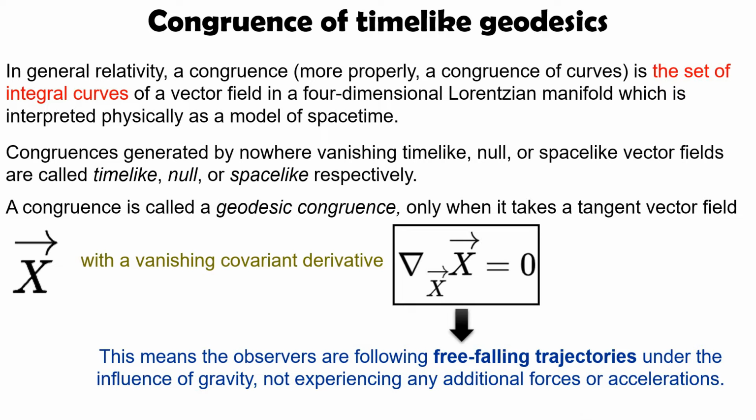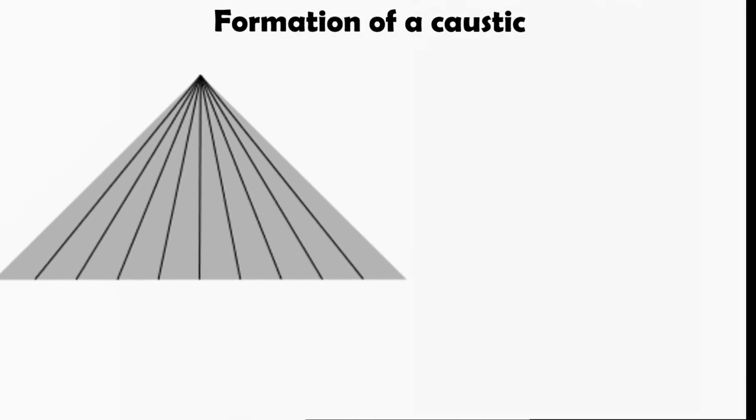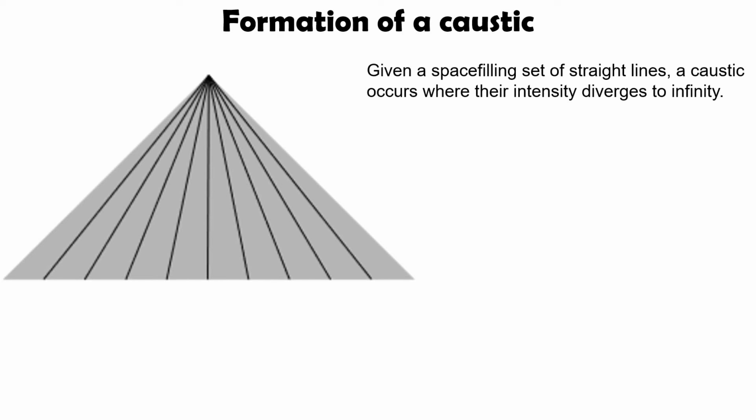The second concept which comes is called the formation of a caustic. Now if you look at the caustic in spectroscopy, it means burnt. I mean, it is something which burns actually. But in terms of general relativity, as you can see here, given a space-filling set of straight lines, for example, a caustic occurs when their intensity diverges to infinity. On the left-hand side of the figure, you can see all those lines diverging to infinity.